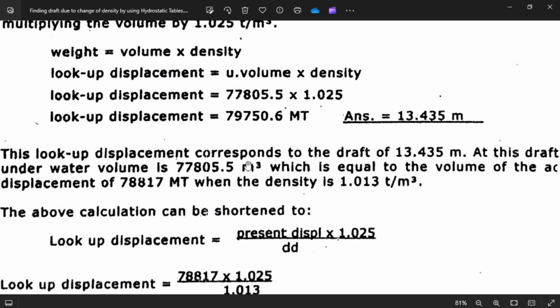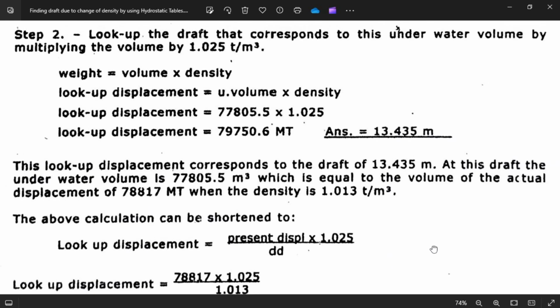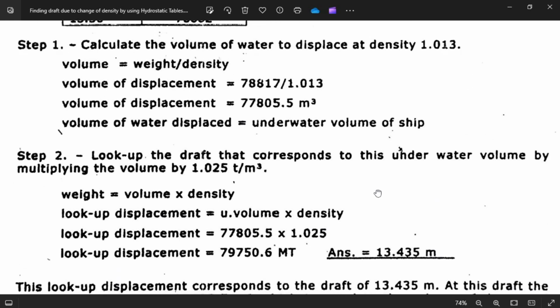This lookup displacement corresponds to the draft of 13.435. At this draft, the underwater volume of 77880.5, this one, is equal to the volume of the actual displacement of 78817, which is this one, guys.